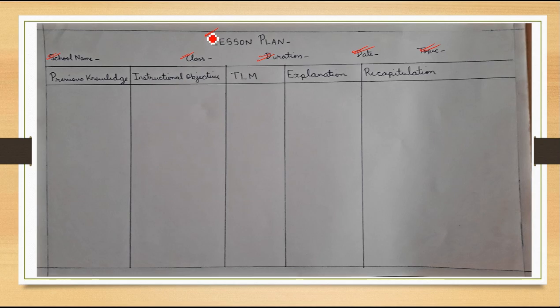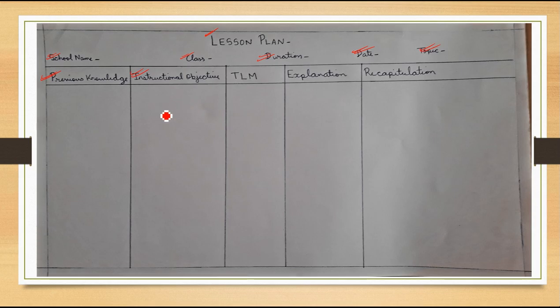Okay, so since you have done the heading and the subheading, next thing that you move for is the elements that are very important in lesson plan. Here you are going to write the previous knowledge that you expect the students to know. So it will start as, it is expected that the students are well familiar with the concepts of, and then it will be as per your subject. Then here you have instructional objective. Here first it will be knowledge.